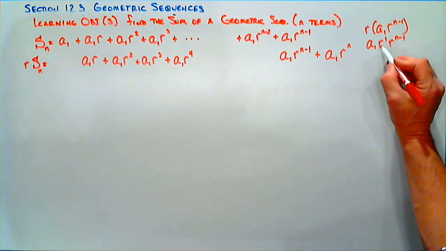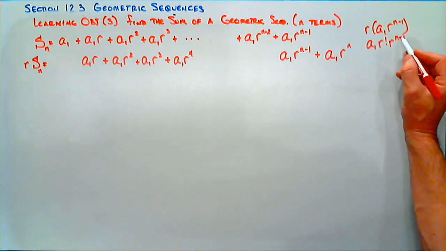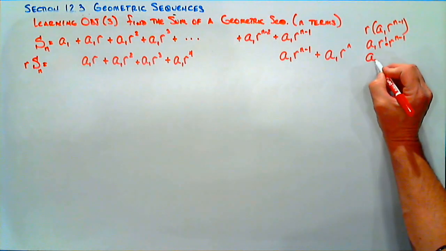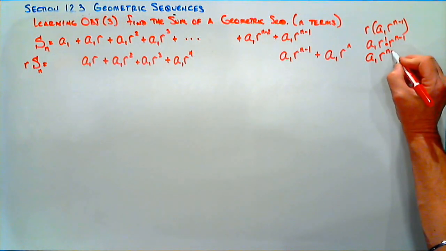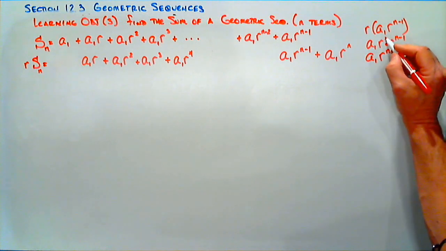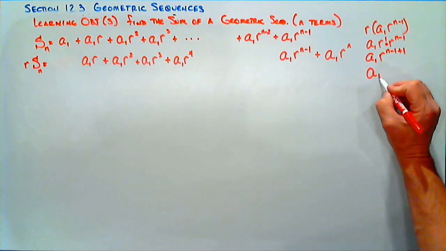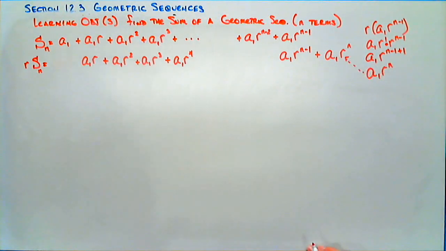But what do we do if we have a base to a power times the same base to a different power? We add the exponents together, right? Isn't that what we do? So we get a1 r, and our new power is going to be n minus 1 plus that 1 right there. Well, if we look at that, that certainly turns out to be this right here.